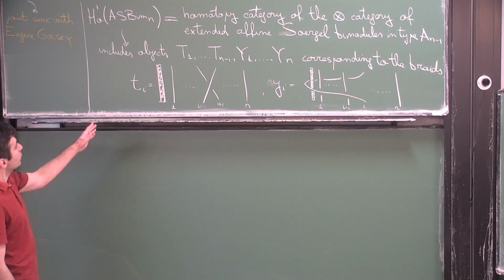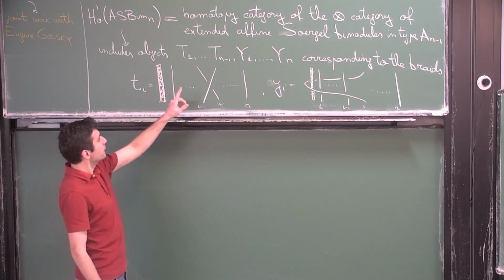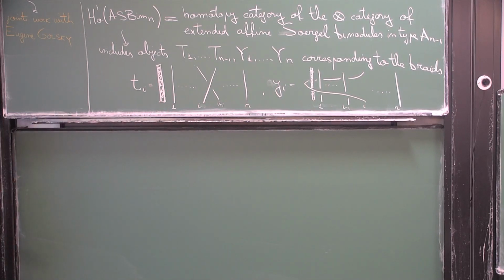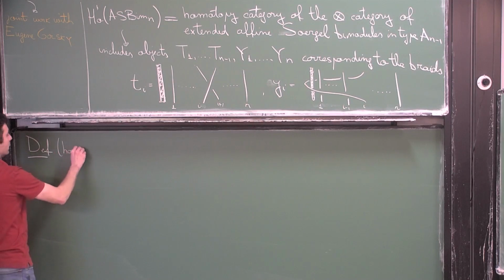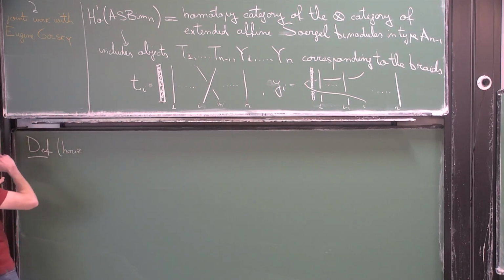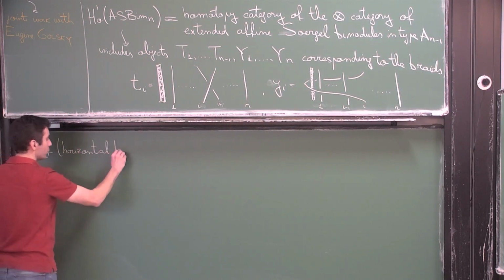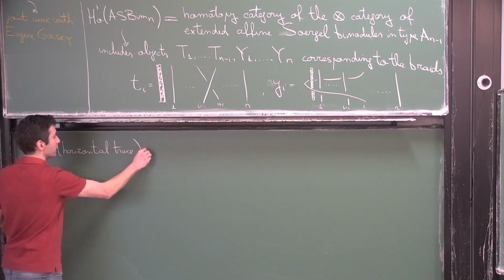Instead, I will just show you some products of these capital T's and capital Y's, and then you can easily tell the braids that they correspond to. However, before I do so, I do have one more piece of technical data to introduce. This is the horizontal trace of the category. Because ultimately, I'm not just interested in this category, I'm interested in its trace. So let me introduce a definition, which once again, I'm sure lots of people here know.